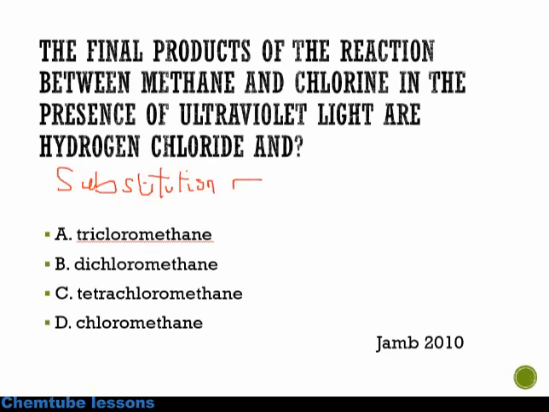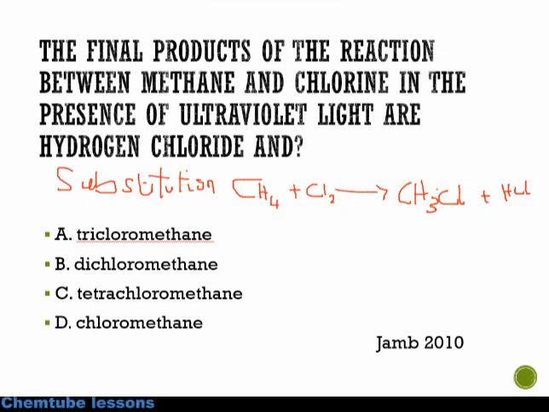When you have, for example, methane, CH4, reacting with chlorine gas, the hydrogen will keep on being substituted till all the hydrogen has been replaced by chlorine. So for example, this methane reacts with chlorine, we are going to get CH3Cl, so one hydrogen goes, and then plus HCl. So HCl is always the byproduct.